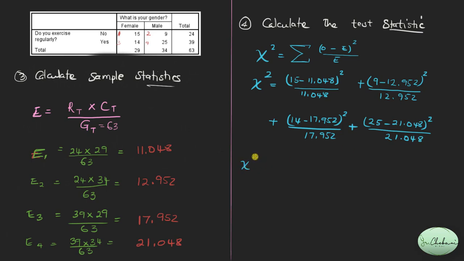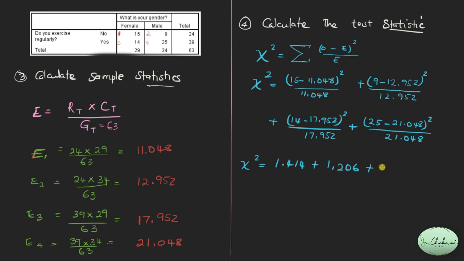Okay, so here we are. Our chi-square is going to be, now if we work on this and simplify it, it will give us 1.414 plus 1.206. That's the second one here.